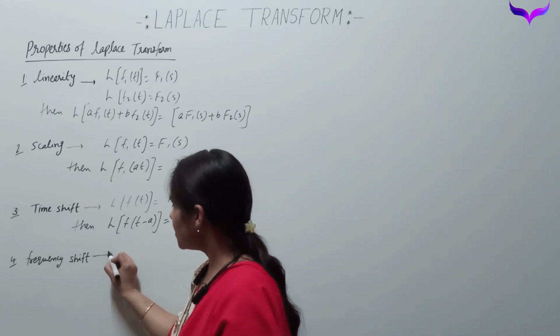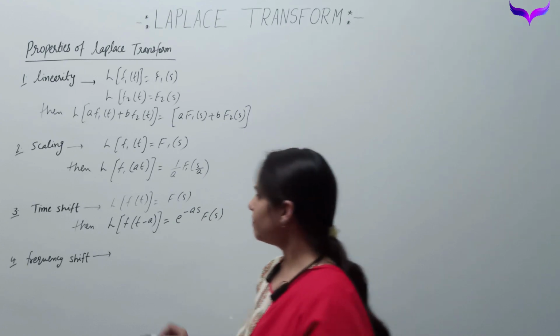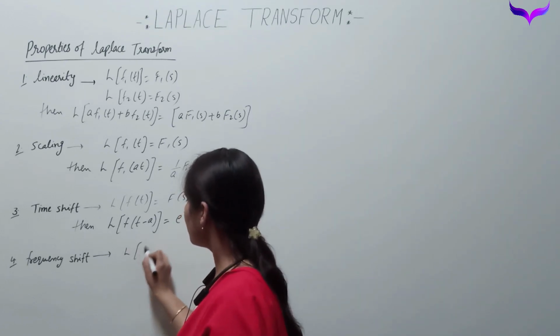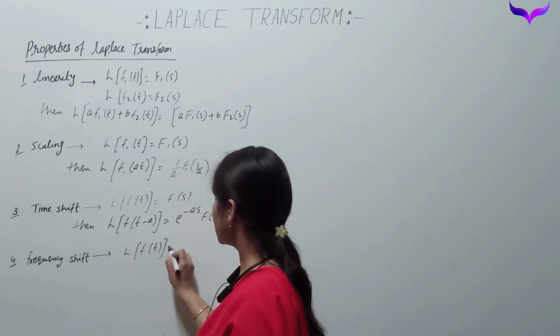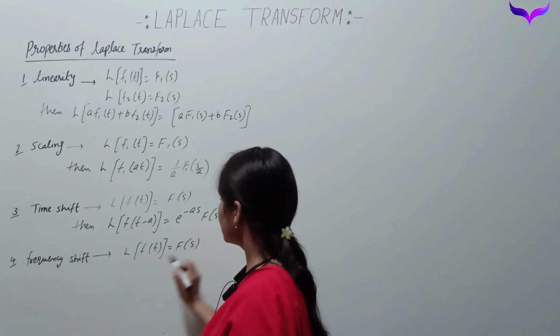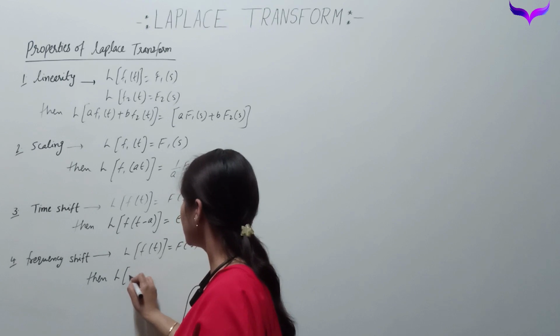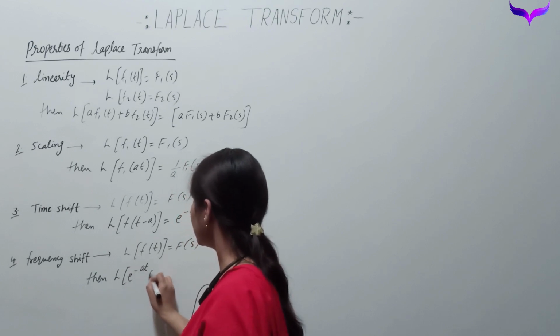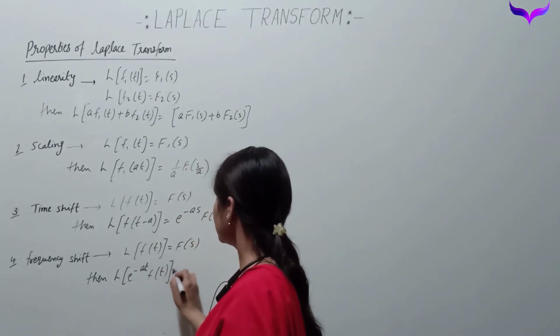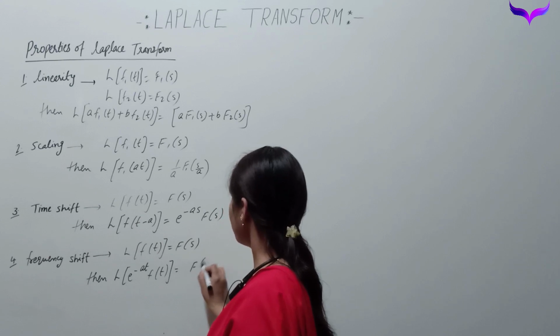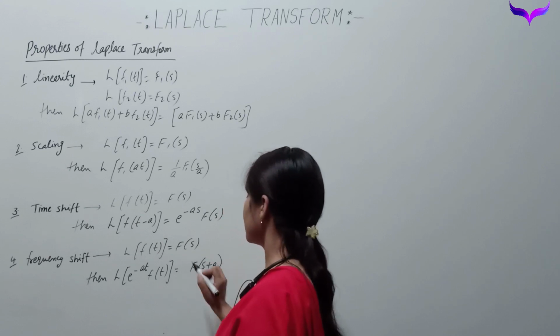Next is frequency shift. In frequency shift, if Laplace transform of f(t) is equal to F(s), then Laplace transform of e raised to power minus at f(t) is equal to F(s plus a).